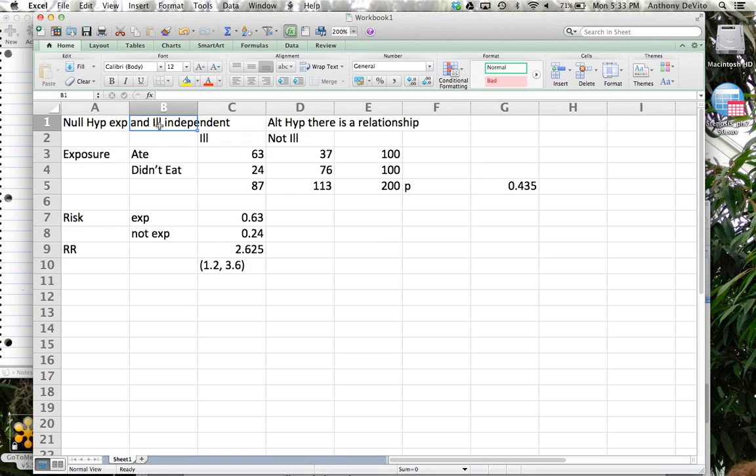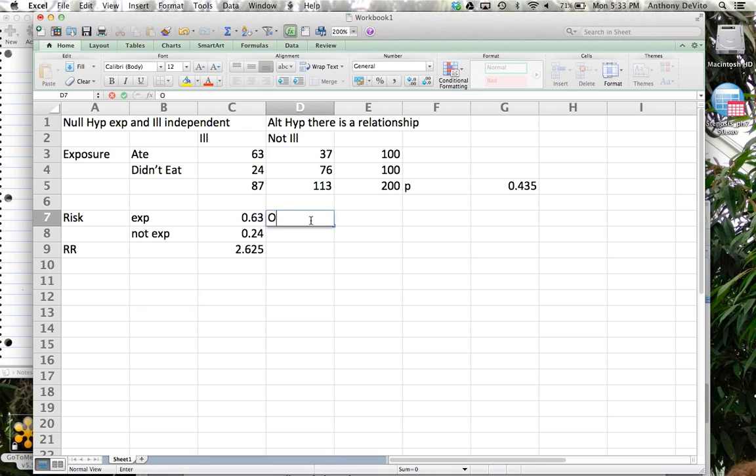So we can reject our null hypothesis and accept our alternative hypothesis. Now, had this actually been 0.9 to 3.6, well, we're not sure. We're not 95% certain that it's not one, so we can't reject our null hypothesis. We're actually going to use software later on to calculate that relative risk. We're not going to do that right now in Excel.